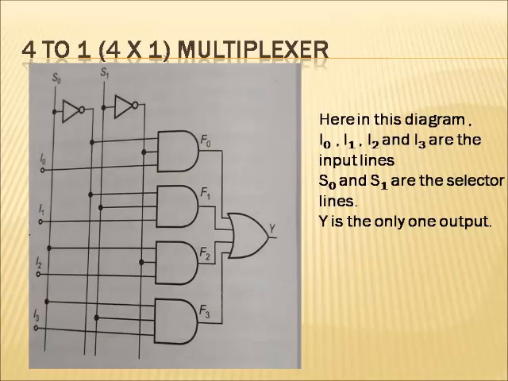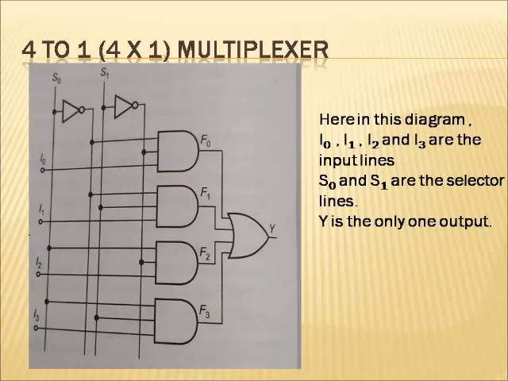In this diagram, S0 has 2 states: its normal form, which is 1, and its complement form, which is 0, where a NOT gate is connected to give the negated form. And S1 also has 2 states, 1 and 0.